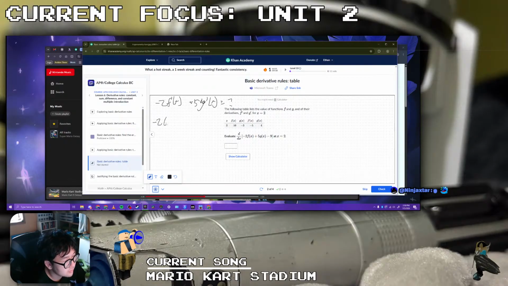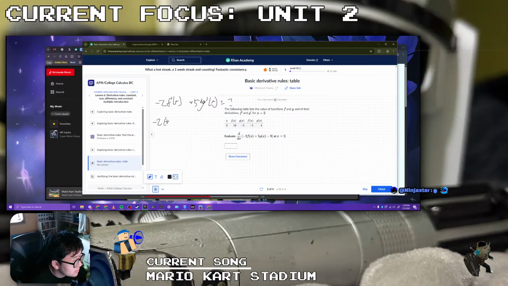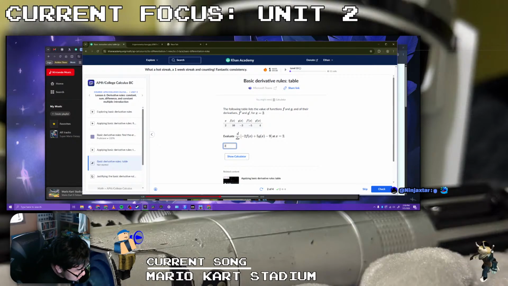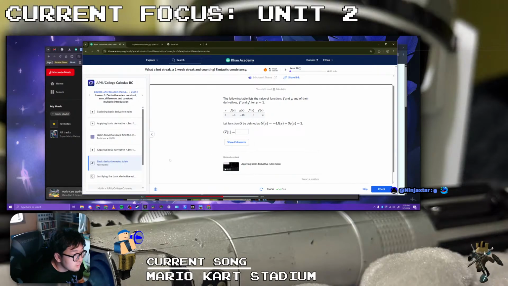So it's going to be negative 2 times negative 5. That looks like a plus. Can't correct everything with another line. Plus 5, 4. So this equals 30, I'm pretty sure. Yeah.